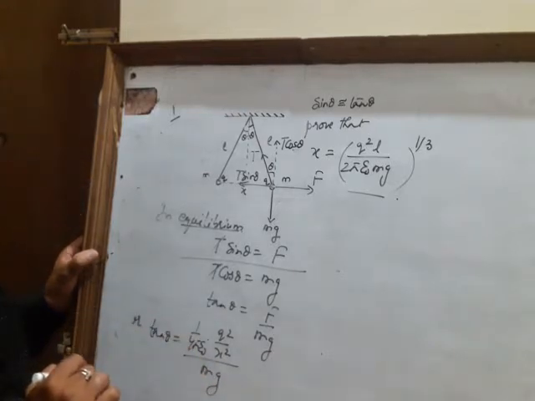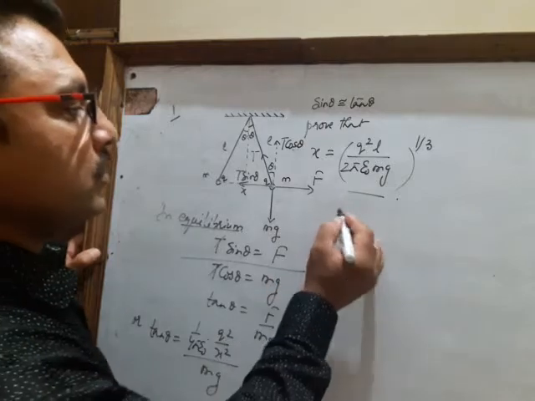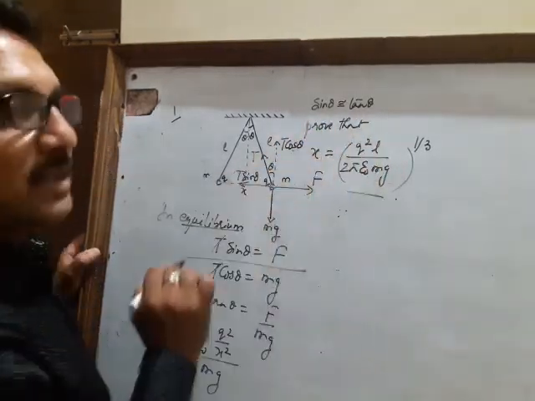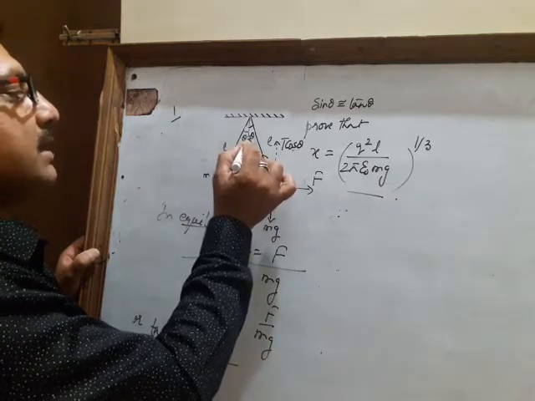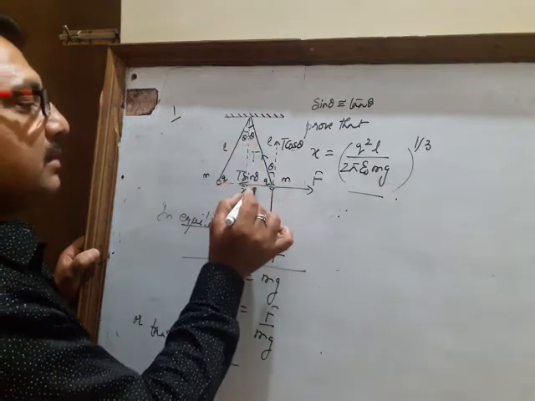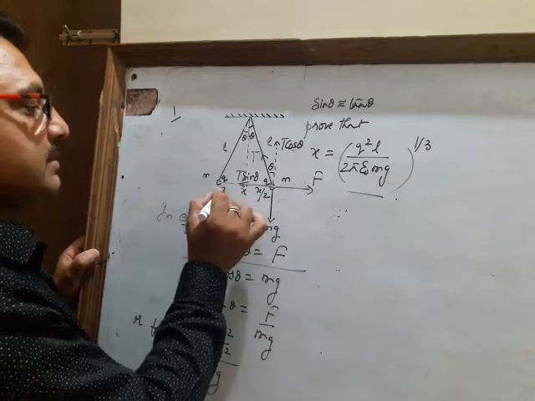Now, as I told you, since sine theta is equivalent to tan theta, you take one triangle, this, and find out sine theta from this triangle. This is x by 2, this is x by 2.